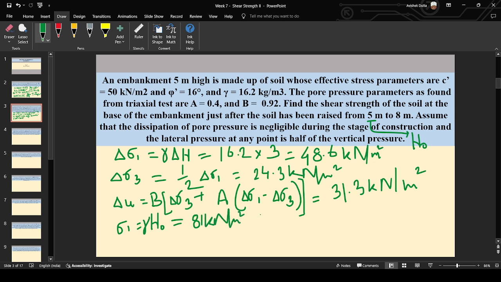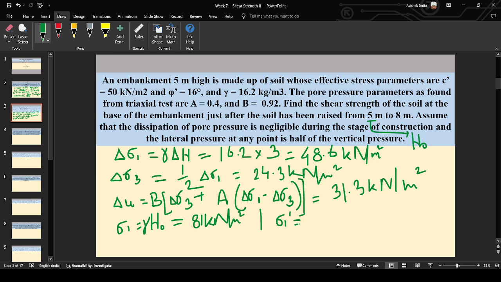Now the effective stress, that is sigma 1 dash, because for finding out the shear strength we have effective stress parameters C dash and phi dash. So we need to find out sigma dash.